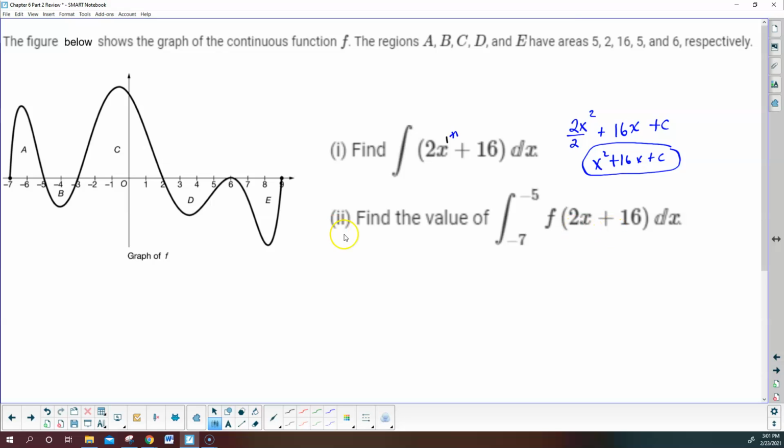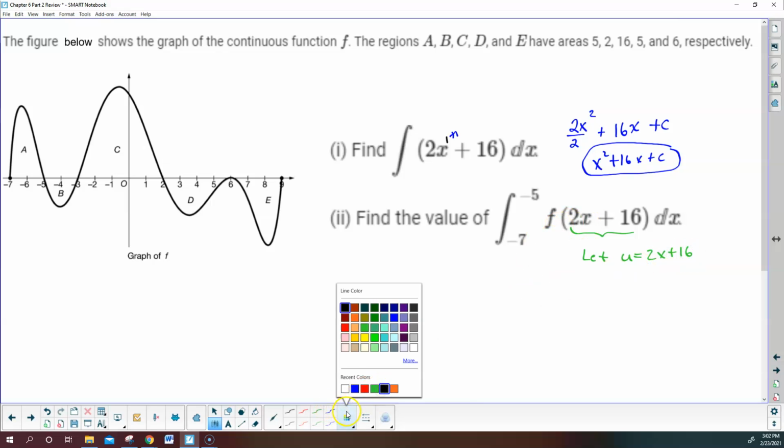All right, part 2 is a multi-step problem, but you have bounds now. And now we deal with f, so we're going to have to refer back to this graph at some point. What do we know? We know that we don't have a 2x plus 16 in this whole mess. So I want to get rid of that using u substitution. We're going to make this easier to identify.